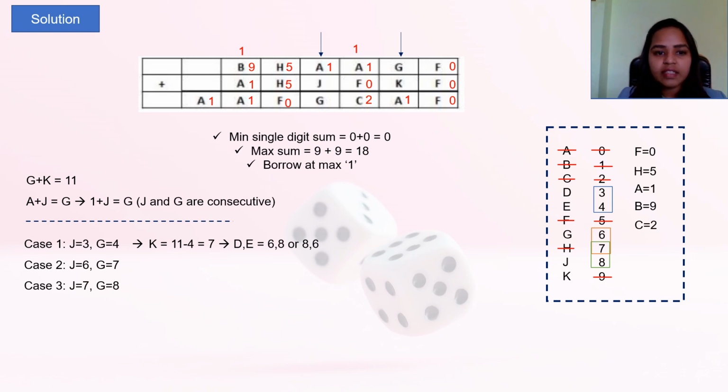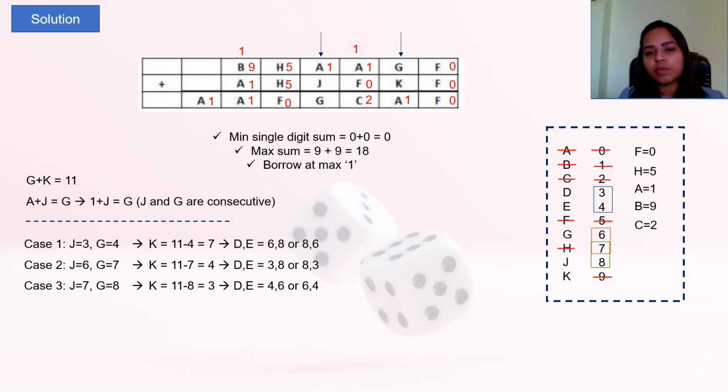Now after taking this into consideration, we will be left with two alphabets D and E and two numbers 6 and 8. So D and E can be 6 and 8 or 8 and 6. Similarly, if J is 6 and G is 7, K will be 11 minus 7, that is 4, and the two left numbers would be 3 and 8. So D and E will be 3 and 8 or 8 and 3. In the third case, similarly, we get K equal to 3 and D and E as 4, 6 or 6, 4.